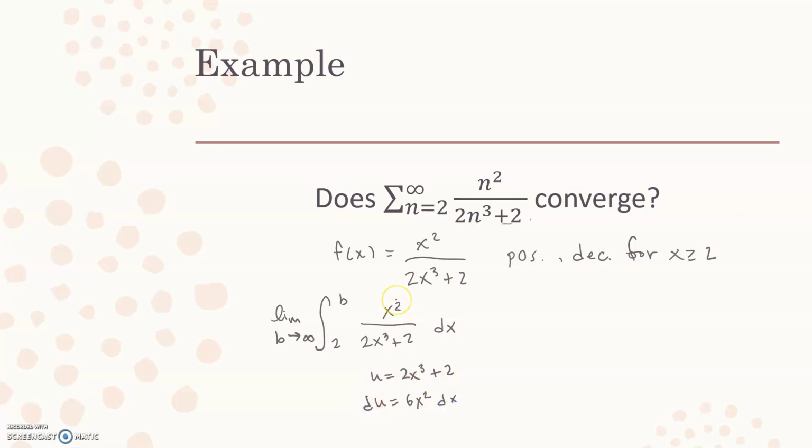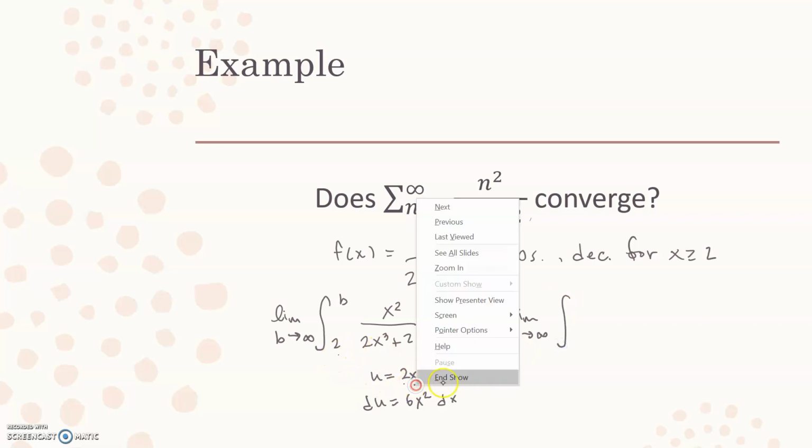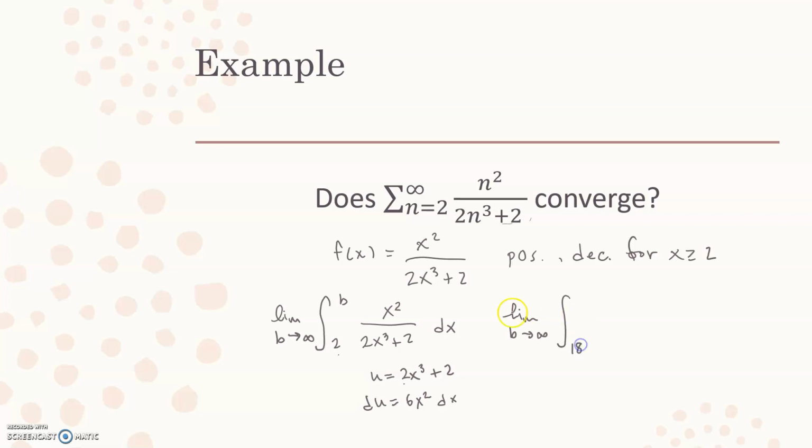So I'm going to be able to cancel out that x squared. So this would be the limit as b goes to infinity of the integral from, I'm going to plug 2 in, 2 times 8 is 16, plus 2 is 18, to 2b cubed plus 2. And then I have 1/6 over u du.